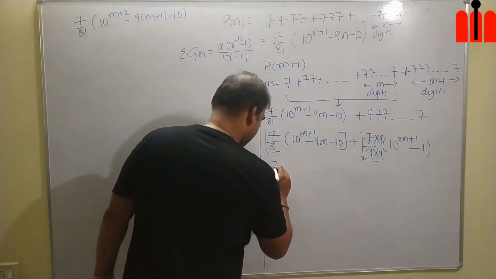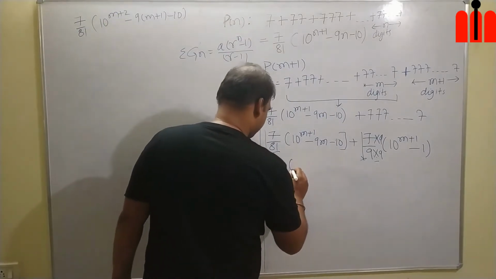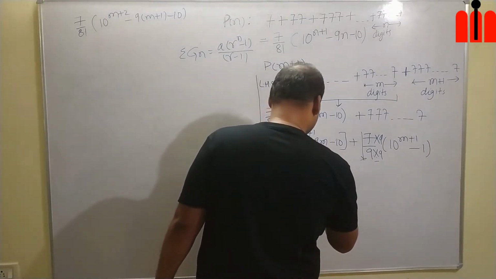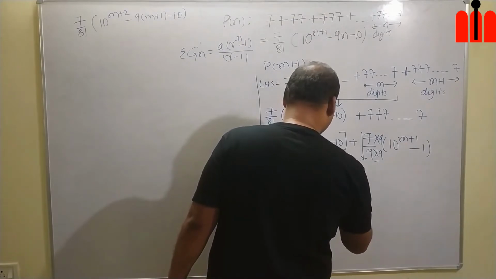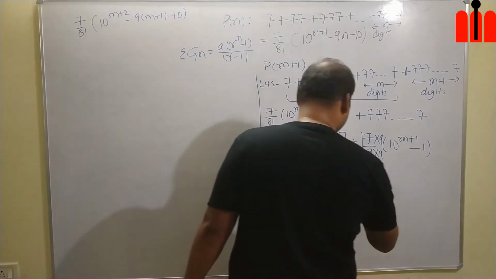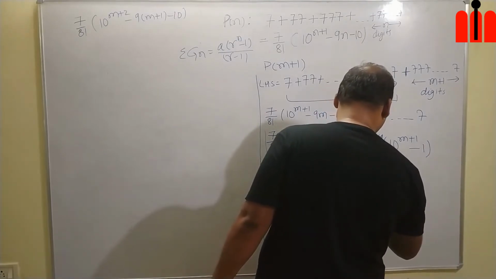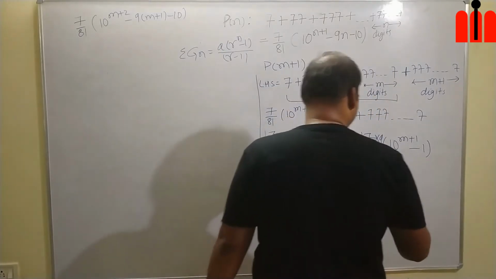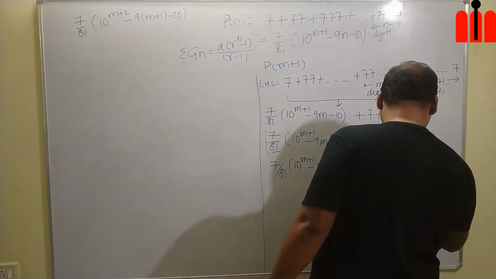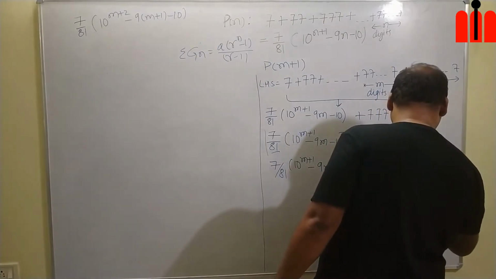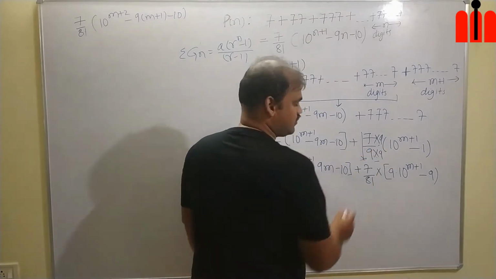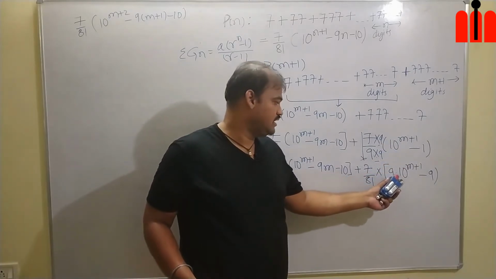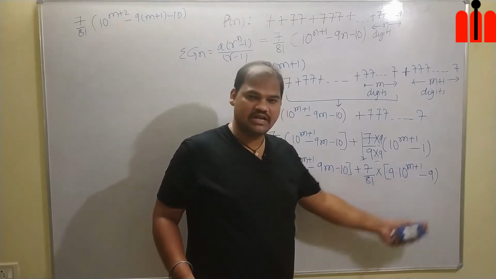So it will be 7 by 81, 10 to the power of m plus 1 minus 9m minus 10, plus 7 by 81 into, you multiply 9 inside, it will be 9 into 10 to the power of m plus 1 minus 9.